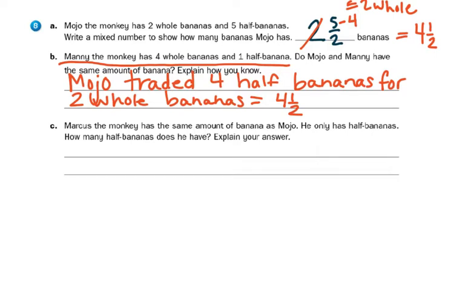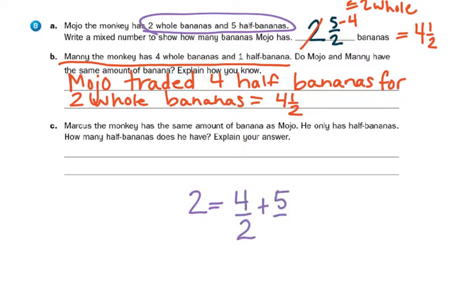Marcus the monkey had the same amount of banana as Mojo, which was, remember, 2 whole bananas, 5 half. He only has half bananas. How many half bananas does he have? Well, 2 whole bananas, if he were going to break them in half, would be 4 halves, right? Plus 5 half bananas. They're still half bananas.